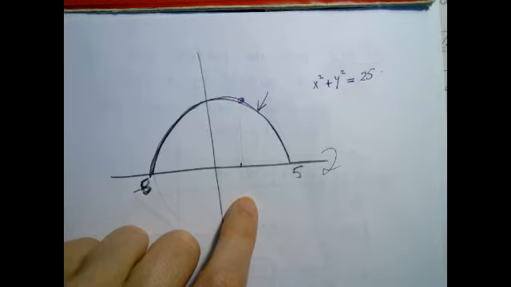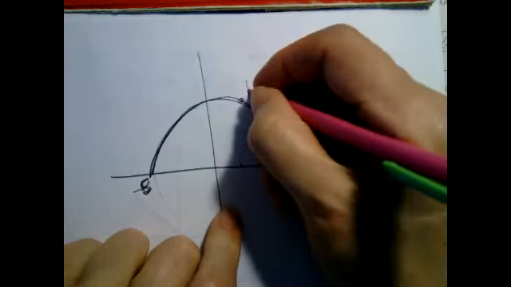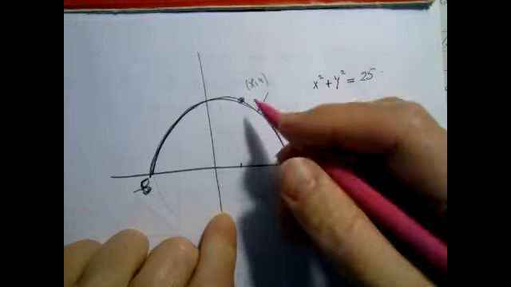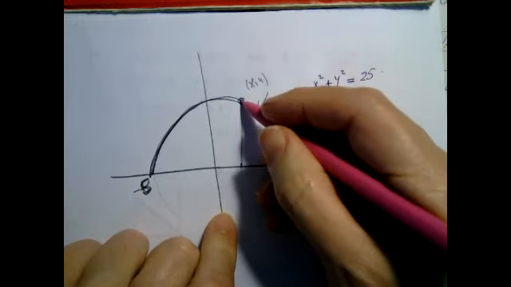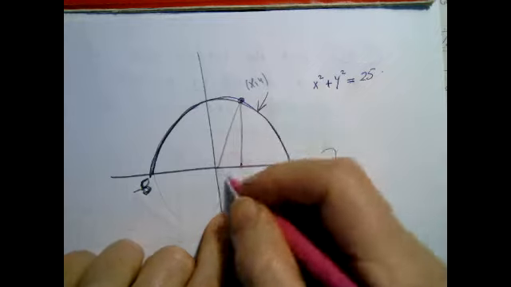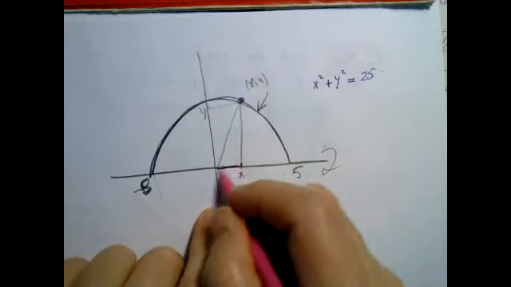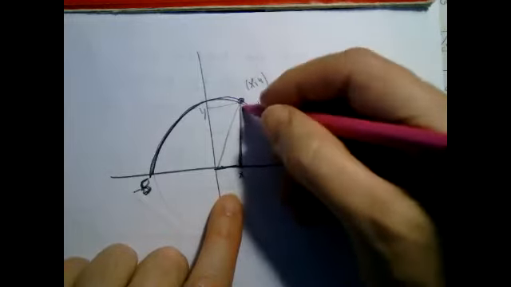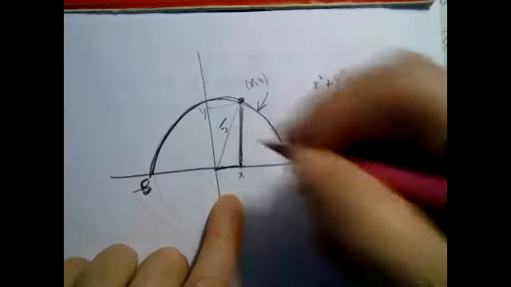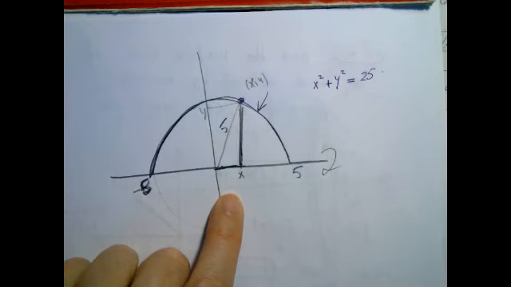Why? Pythagorean to the rescue. All the time it is the Pythagorean theorem. Because if I take any point on the circle, and this is the x and this is the y, Pythagorean tells me x squared plus y squared should be equal to 5 squared. That's where this whole equation is coming from.